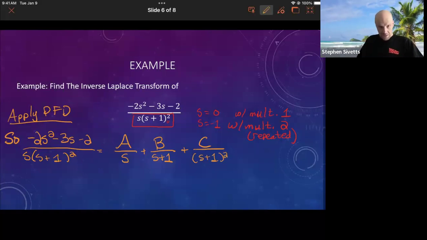This right here is the appropriate partial fractions decomposition.